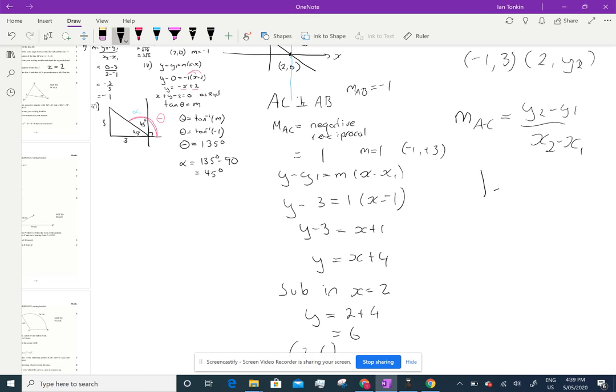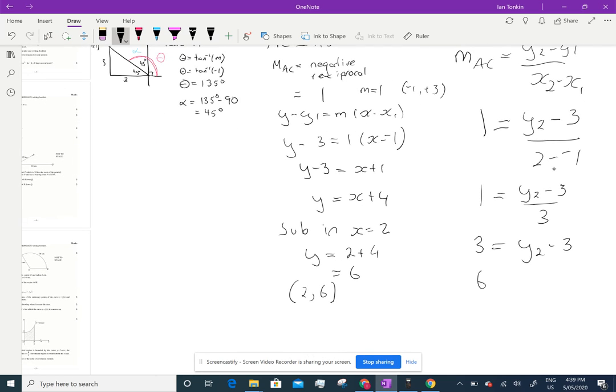The gradient is 1, we know that. So y2, which is what we're trying to find, minus 3 over 2 minus -1, equals 1. So 1 equals y2 minus 3 over 3. Multiply the 3 across. 3 equals y2 minus 3. Add the 3 over. 6 equals y2. Hence, C is 2 and 6.